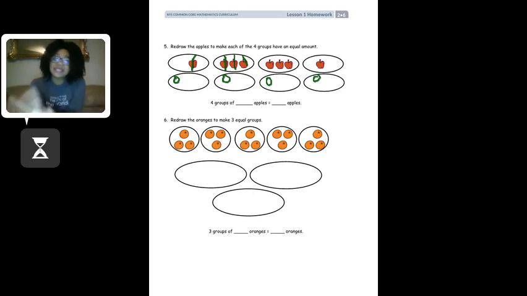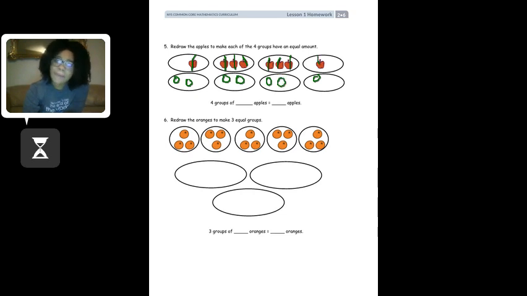But we're not done because I still have some apples up here on the screen that need to go in the baskets. So let's make sure we put the same number in each one. I'm going to grab this apple and put it in the first basket. I'm going to grab this apple and put it in the second basket. Then I'm going to take this apple and put it in the third basket.